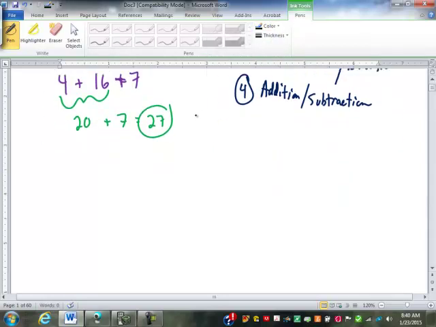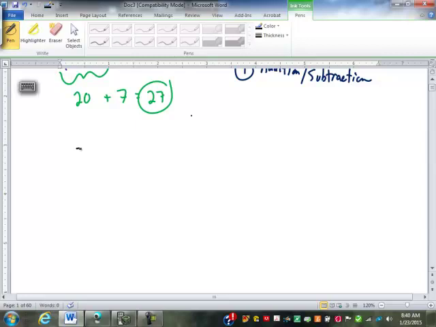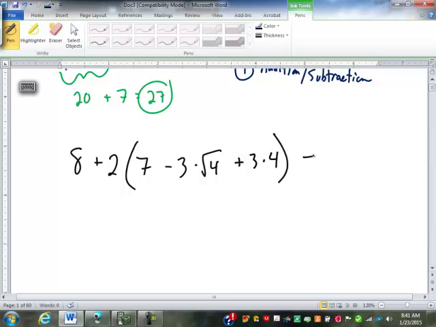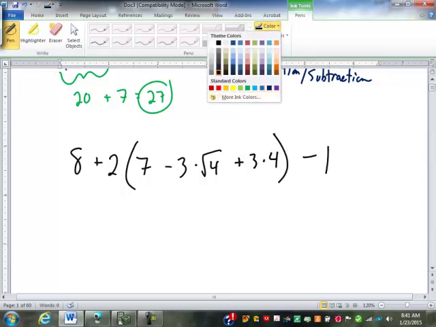Well, let's look at one that's just a little bit more complicated than that. Something like this.